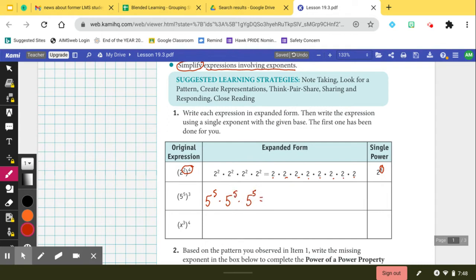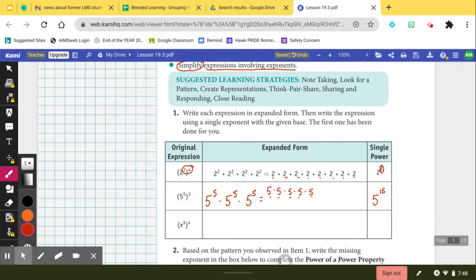Well, each of those 5 to the 5th powers can be written out as 5 times 5 times 5 times 5 times 5, and I'm tripling all of those. So I would have 1, 2, 3, 4, 5, and then 3 of those. So that would be 15. So this would be 5 to the 15th power.